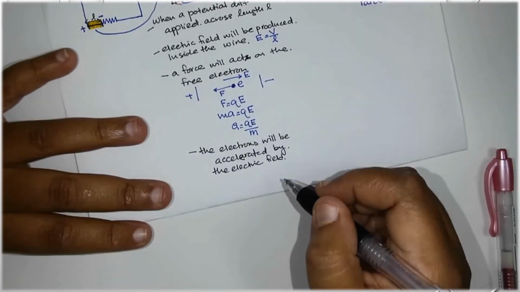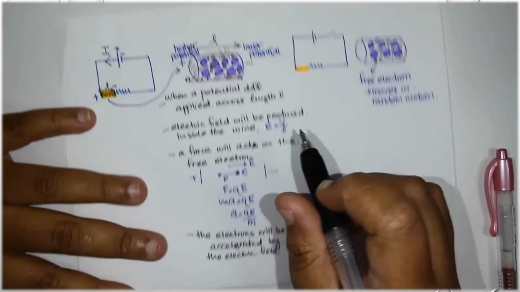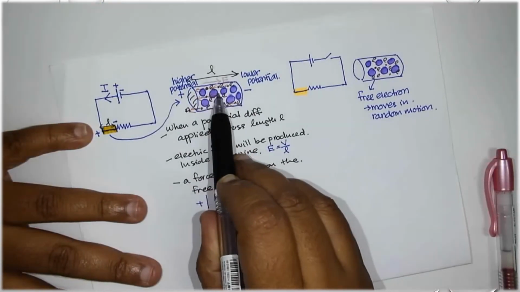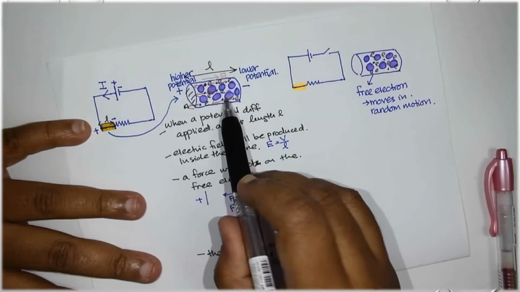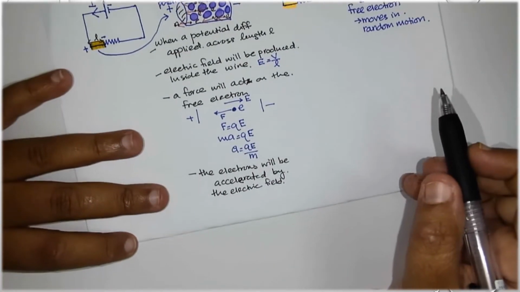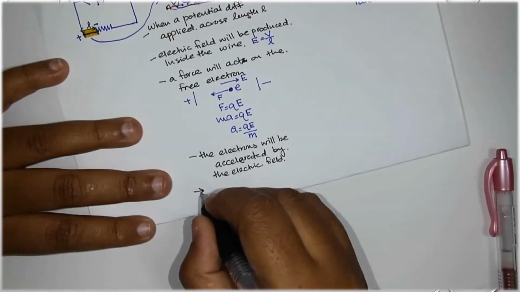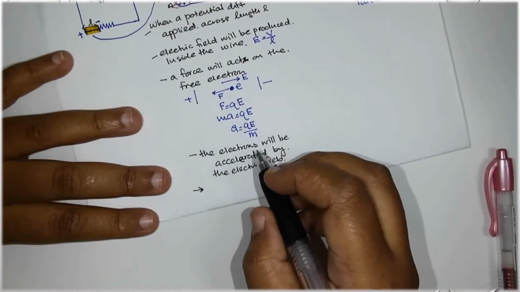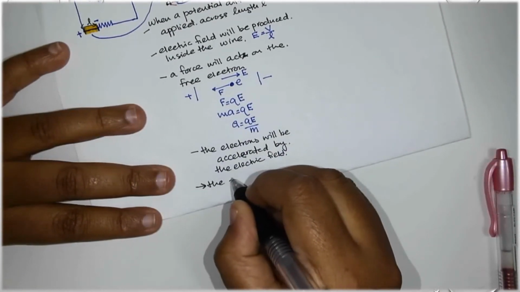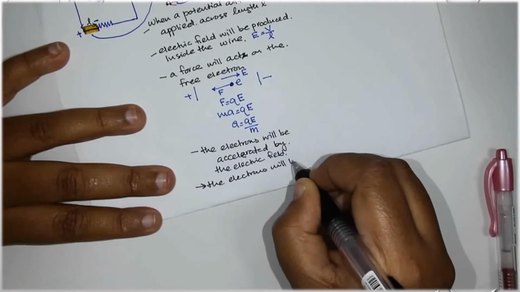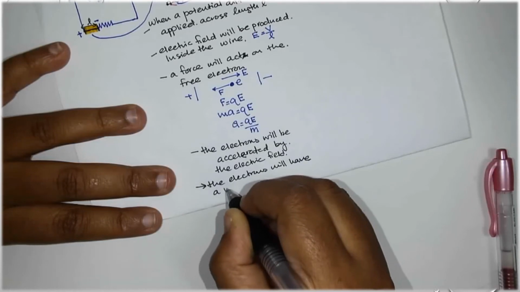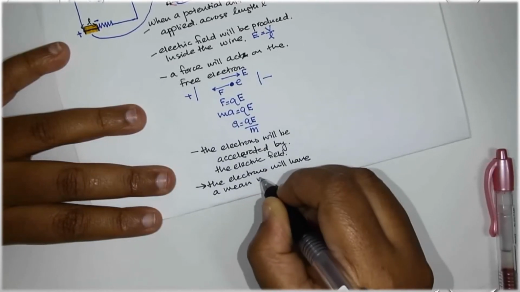Okay, then the electrons will be accelerated. They will also collide with the ions, or with the lattice of the atoms. If the electron has acceleration, it will have a mean velocity.